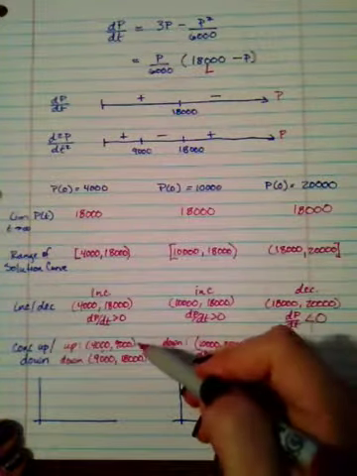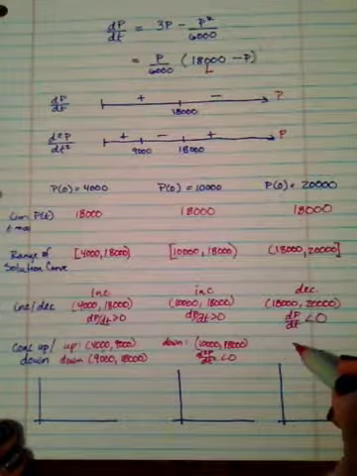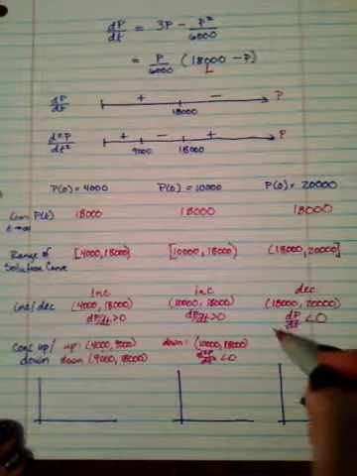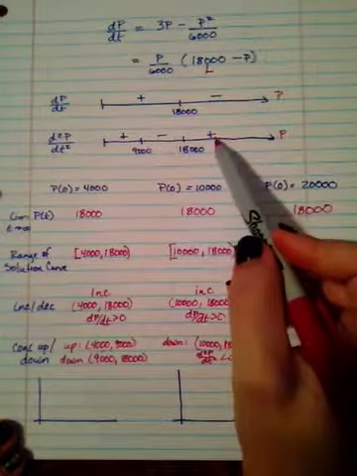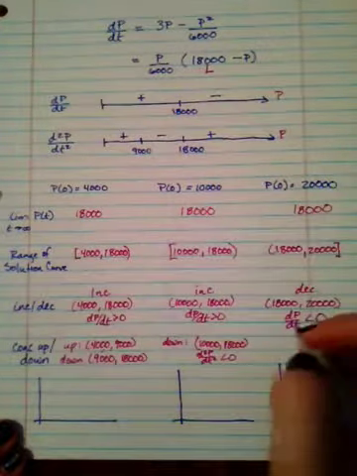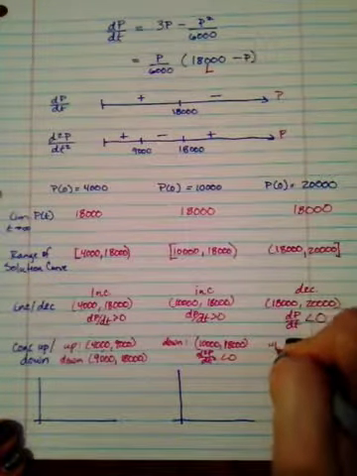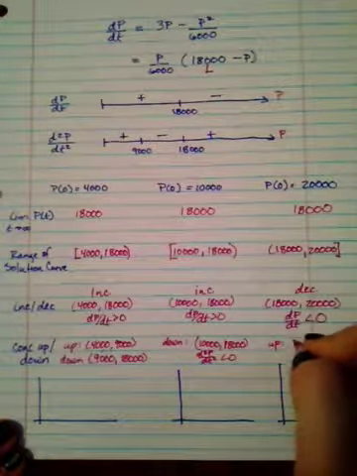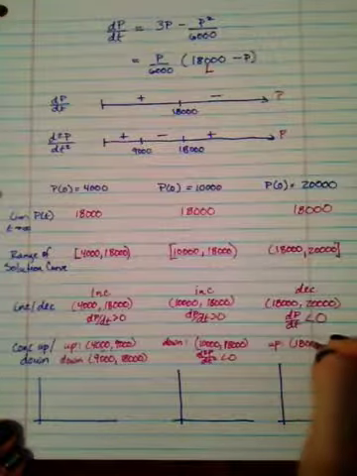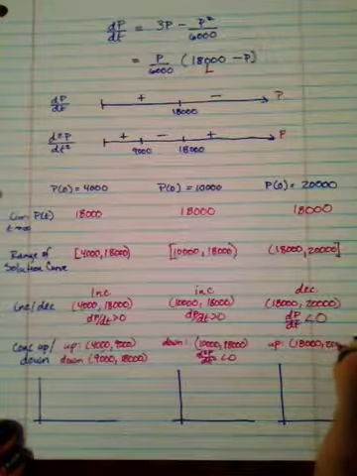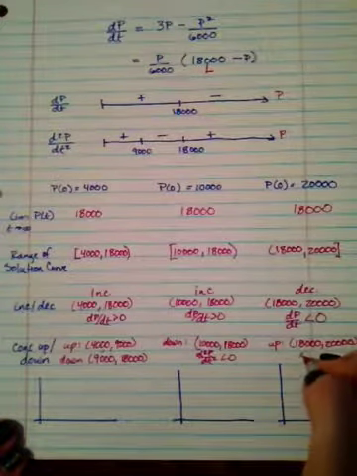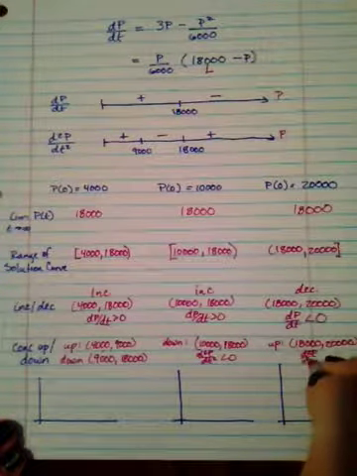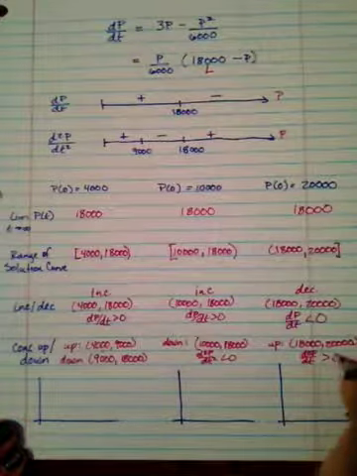For this one, more than 0, less than 0. If I start above my carrying capacity, my graph is going to head down towards the carrying capacity, and it will be concave up while it does it. So I will say up from 18,000 to 20,000. And then I could say, if I was justifying, my second derivative with respect to time is greater than 0.